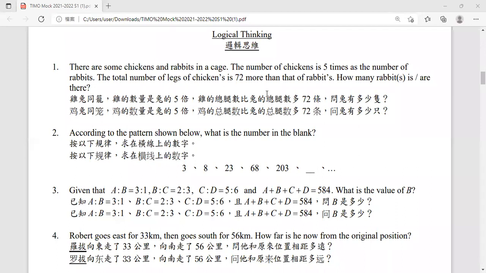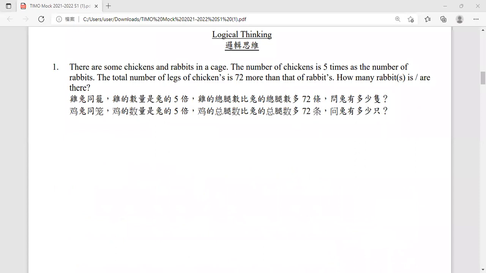Let's see. I will start from here. Now you have the number of chickens and the number of rabbits.